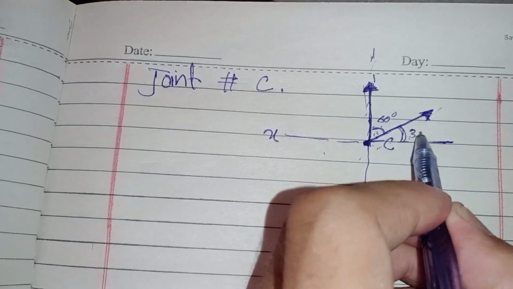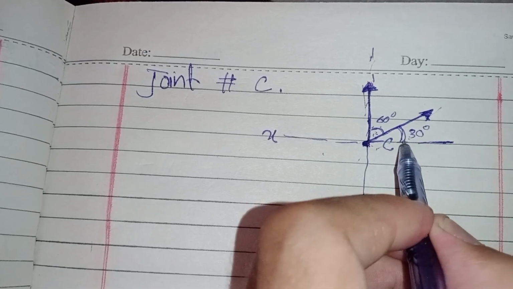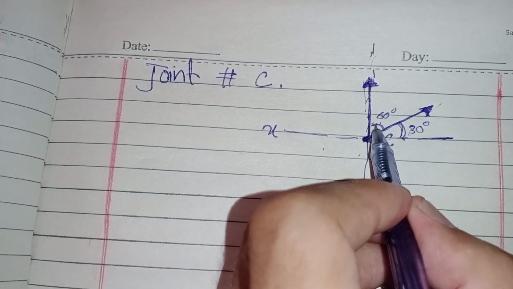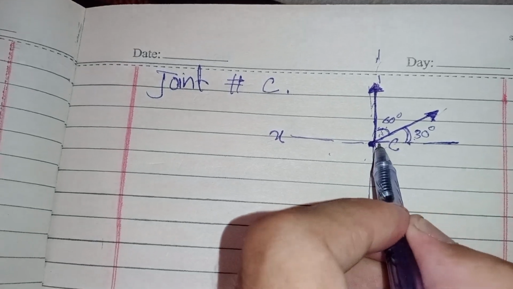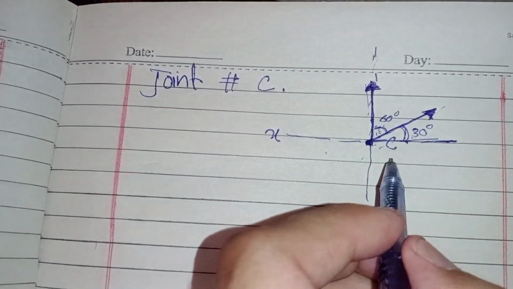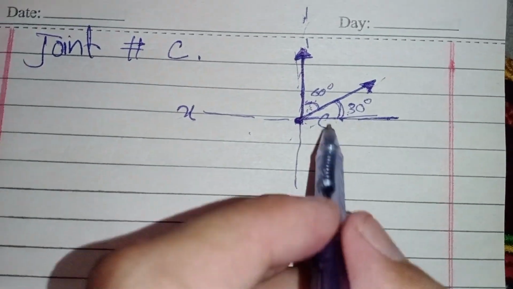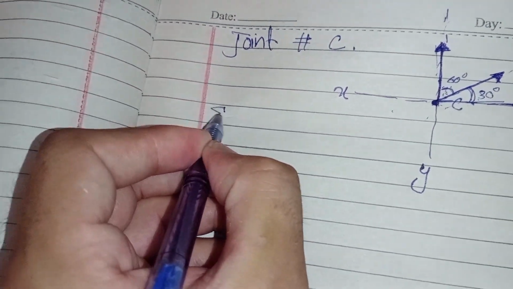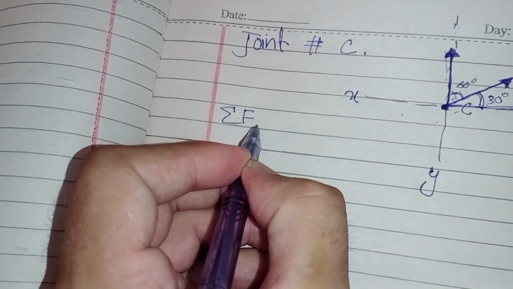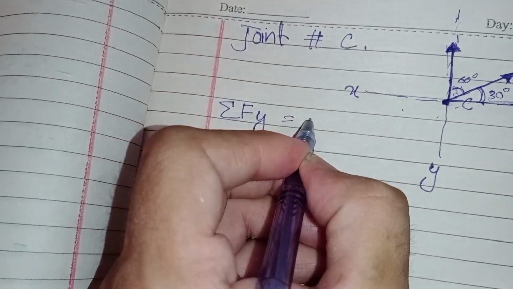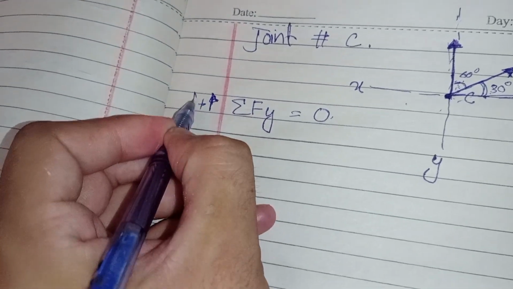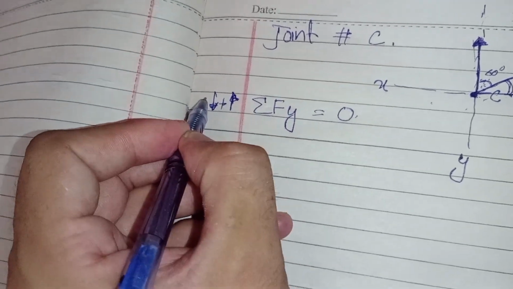That angle will be 30 degree. So first of all, summation of F of y equals 0. Up will be positive, down directed force will be negative.